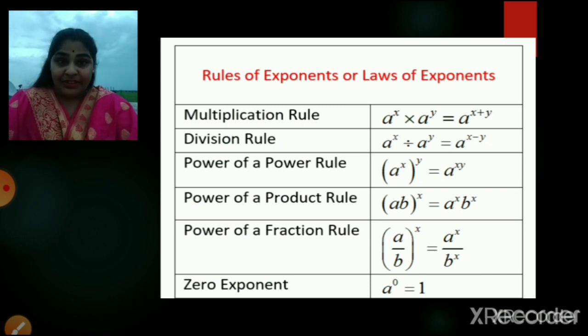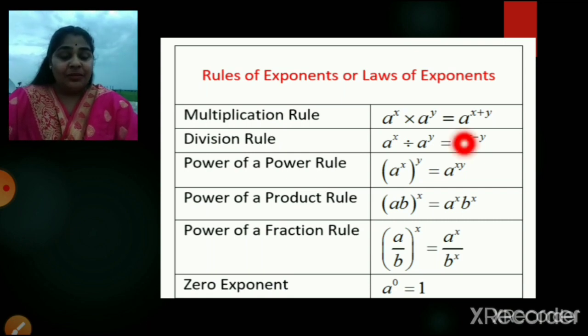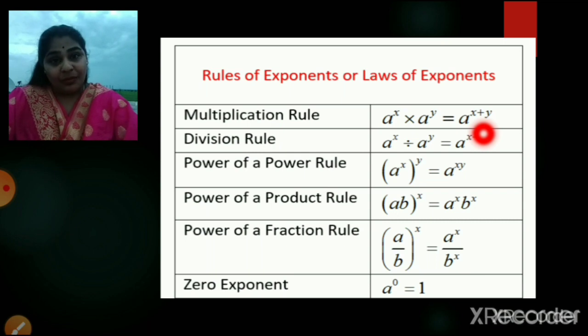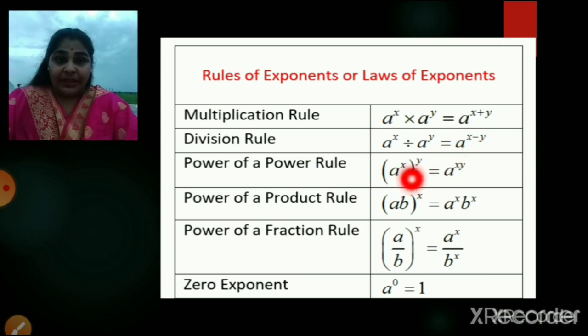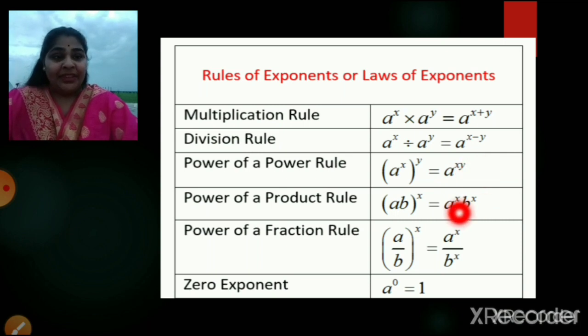The few rules which we have seen are: a raised to x multiplied by a raised to y is equal to a raised to x plus y. a raised to x divided by a raised to y is equal to a raised to x minus y. a raised to x whole to the power y is equal to a raised to x into y. a into b whole to the power x is equal to a raised to x into b raised to x. a upon b whole raised to x is equal to a raised to x divided by b raised to x.